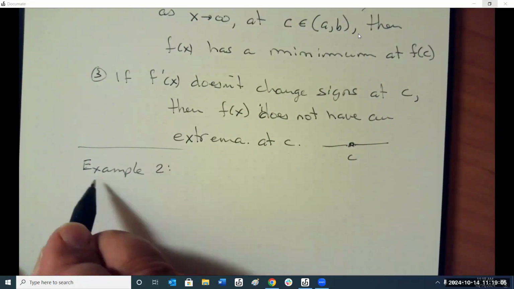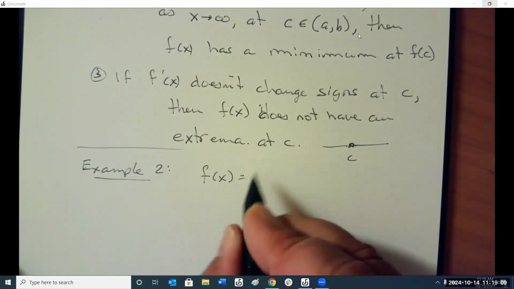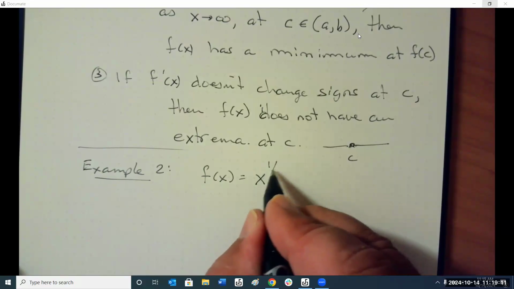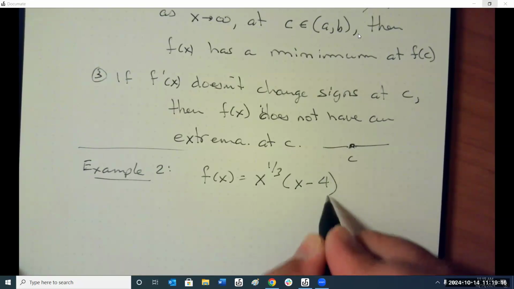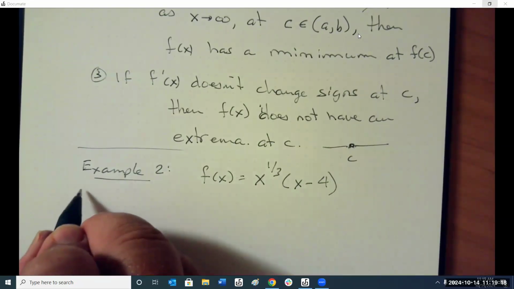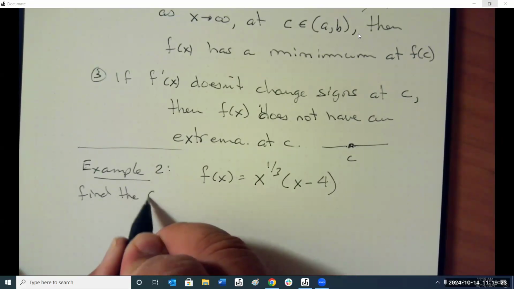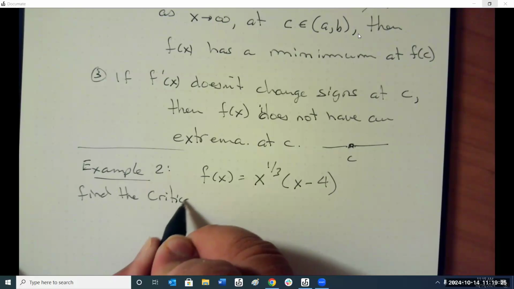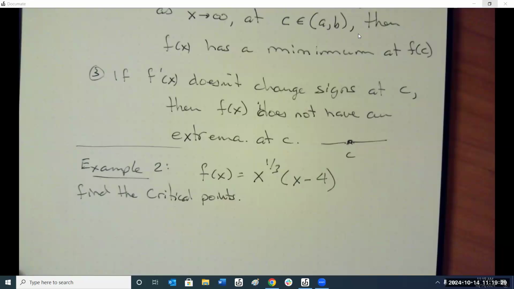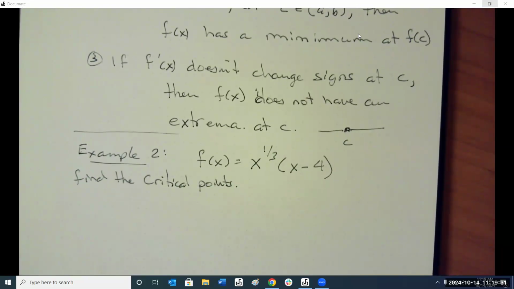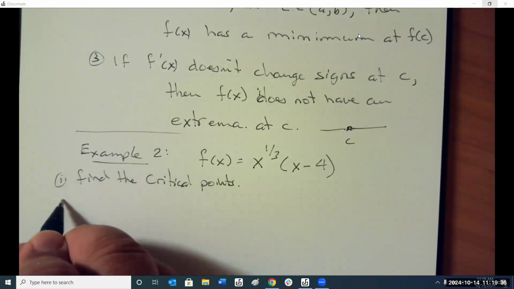Example 2. f of x equals x to the power 1/3 times x minus 4. Find the critical points, that's 1.